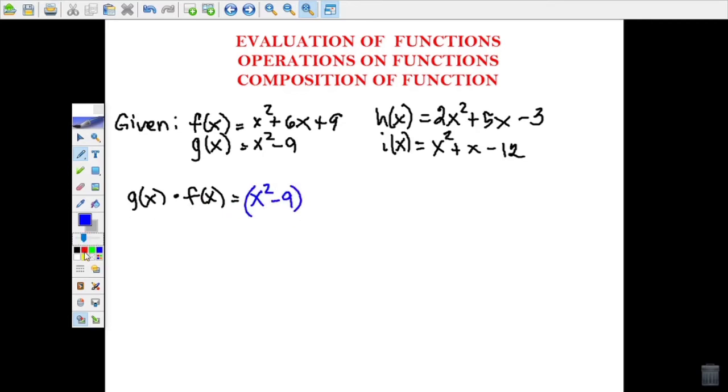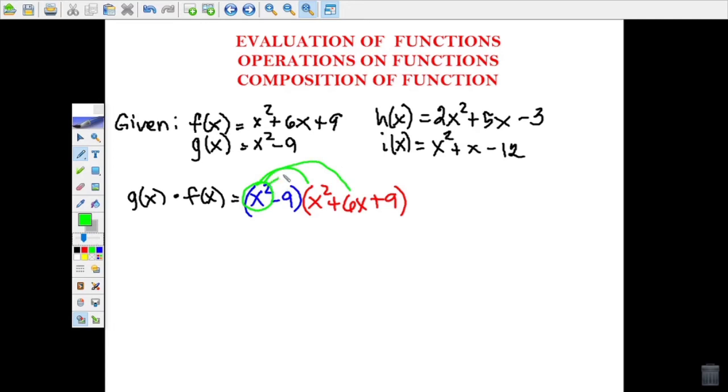Then si f of x ay, so times yan, kahit idikit lang natin, x squared plus 6x plus 9. So again, paano tayo mag-multiply? Since hindi yan binomial to binomial, wala tayong tinatawag na FOIL method. But we can distribute. So first, distribute the first term of the binomial.